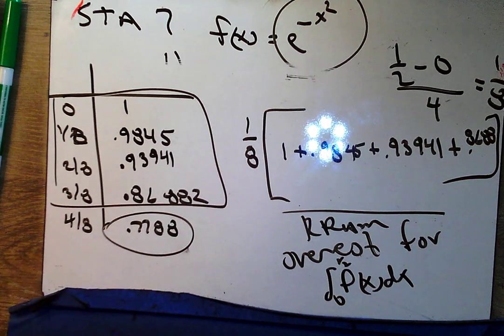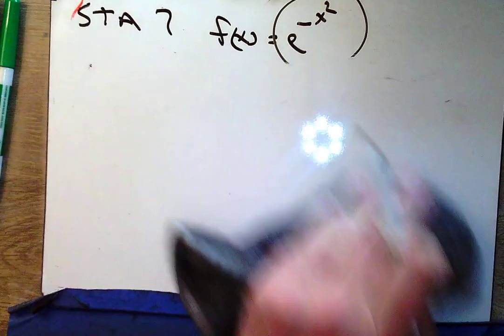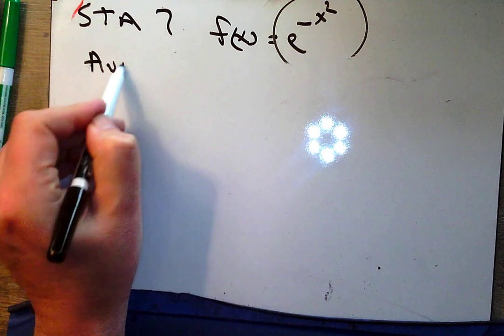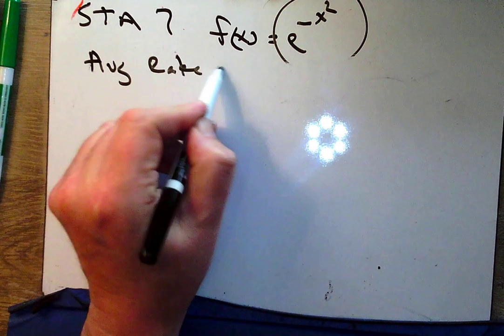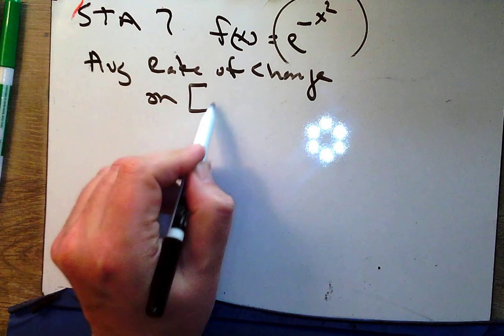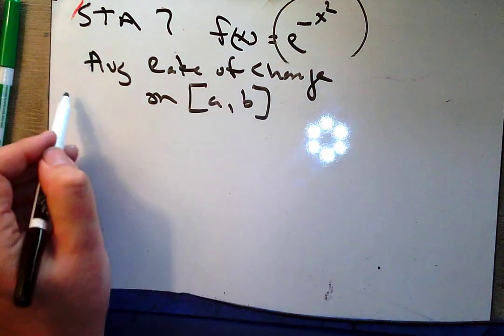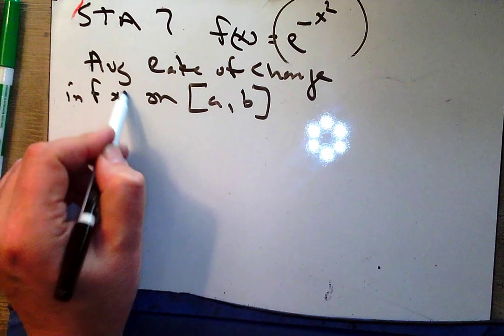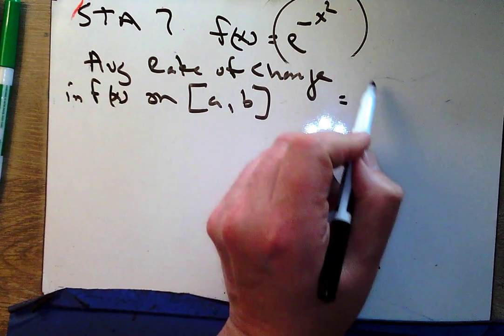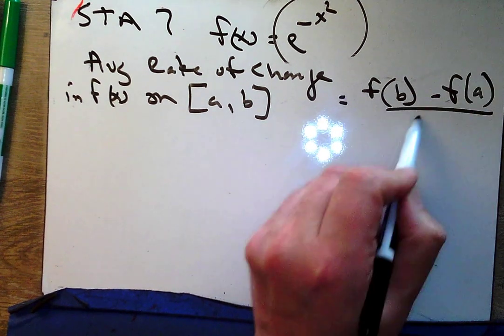Ooh, now we want the average value. Okay, not average rate of change. Remember, average rate of change in f of x on A to B is f of b minus f of a over b minus a.